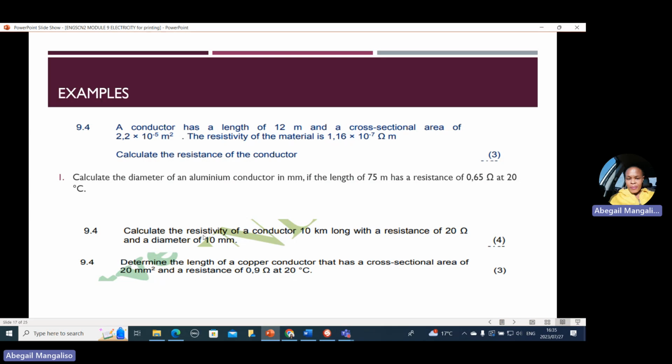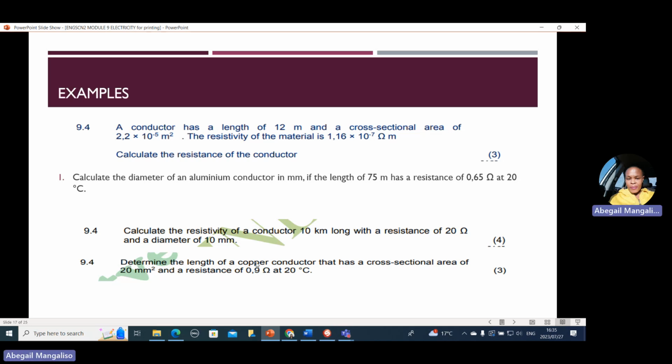Calculate the resistivity of a conductor 10 kilometers long with a resistance of 20 ohm. The resistance is 20 ohm, the length is 10 kilometers, and the diameter is 10 millimeters. Sometimes you can be given a radius. You multiply the radius by 2 to get the diameter.